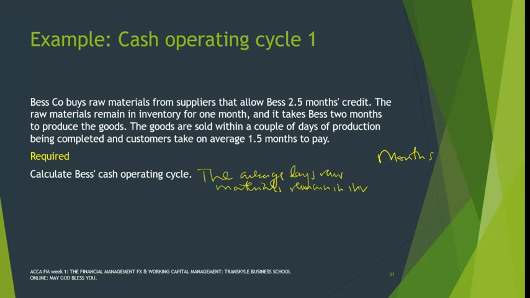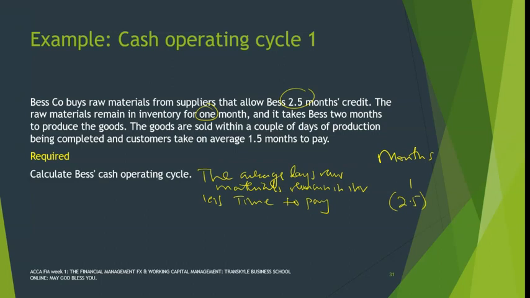Okay, and this we are told in the question, they remain in inventory for 1 month, so there is 1, and then we have to deduct the time taken to pay the suppliers. We are allowed 2.5 months credit, so 2.5. We are not allowed to exceed this period.